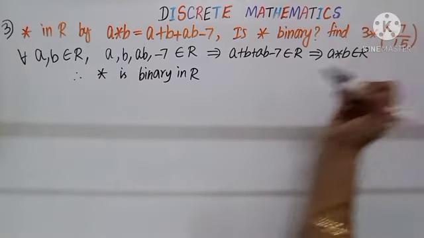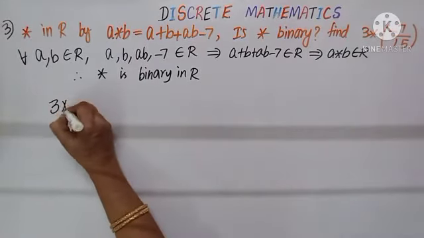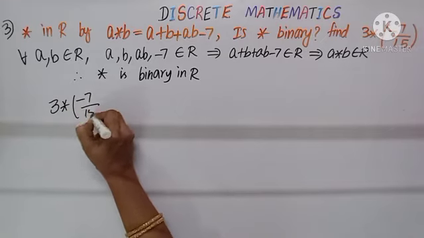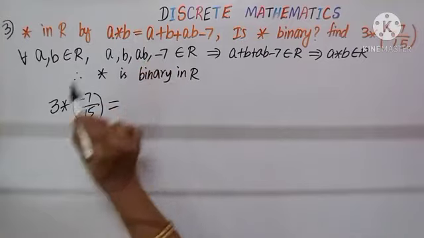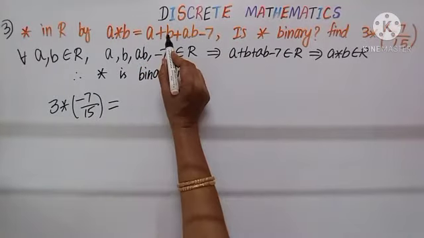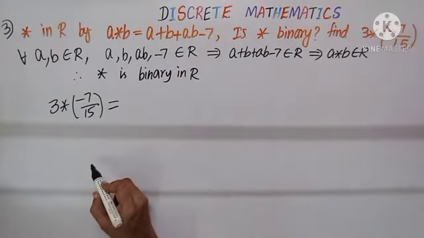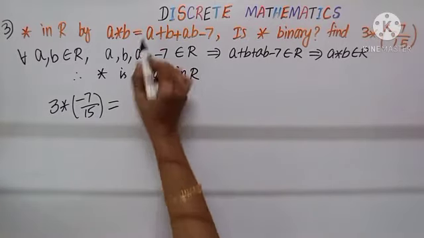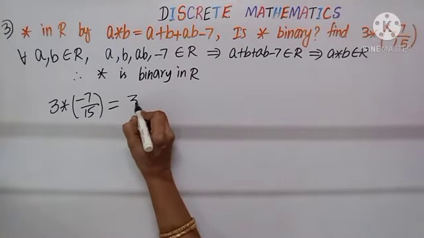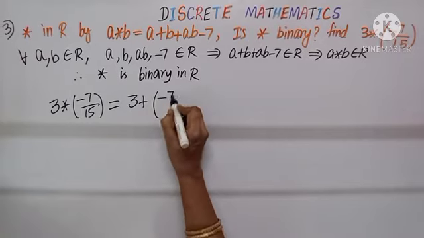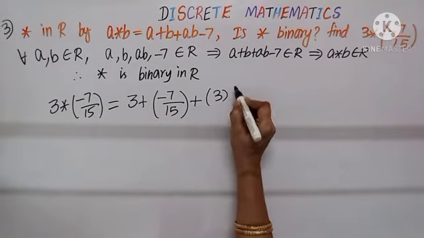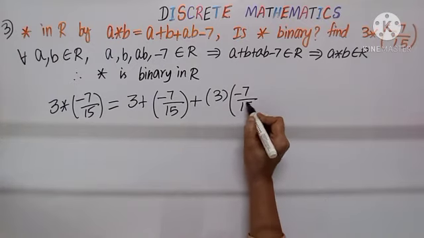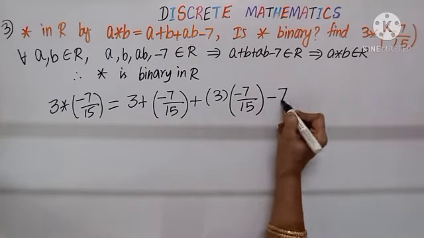We need to calculate 3 star minus 7 by 15. What is my answer? Wherever A comes, put 3. Wherever B comes, put minus 7 by 15. So what is the operation? A is 3, B is minus 7 by 15, plus A is 3, B is minus 7 by 15, minus 7.